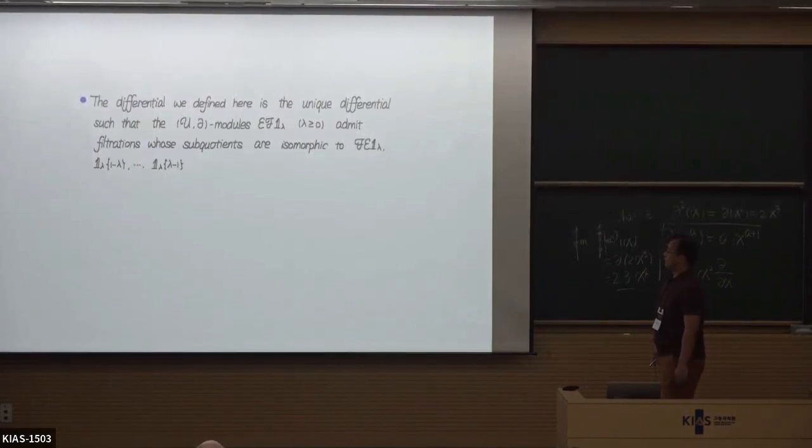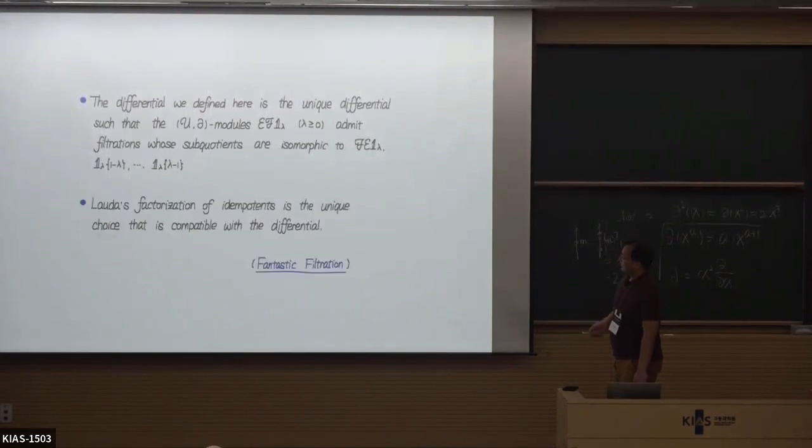This is a small surprise to Ben Elias and me. And Lauda's factorization of idempotents is also the unique choice that's compatible with the differential. For this reason, we're shocked, so we call this a fantastic filtration on this category. All right, I think that's a good point to stop, and that's all I have today.